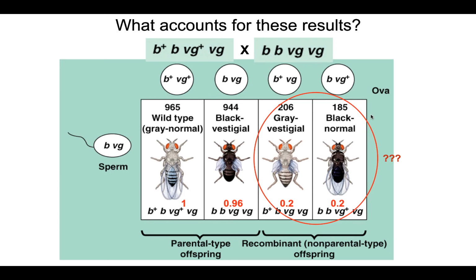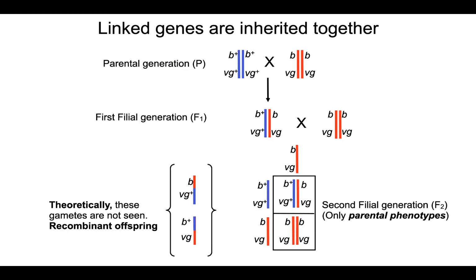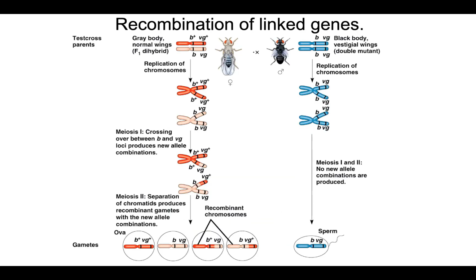These recombinant offspring that we're seeing, despite the fact that the genes are linked, we're getting recombination. Remember, during prophase 1 of meiosis, when those homologous chromosomes pair, in the production of eggs from this individual here, we're getting crossing over occurring. And that crossing over, here's our VG plus, B plus, here's our VG B, right?